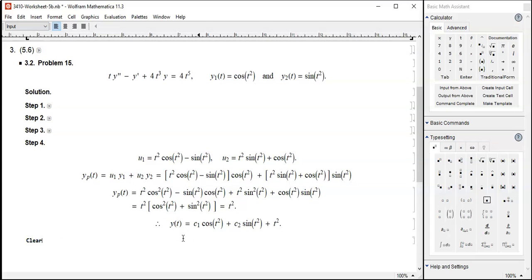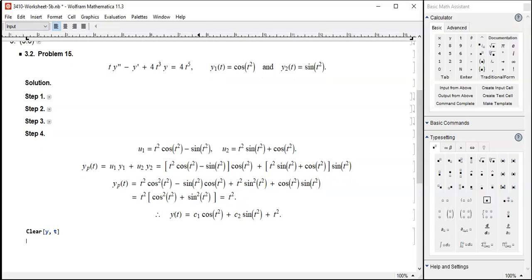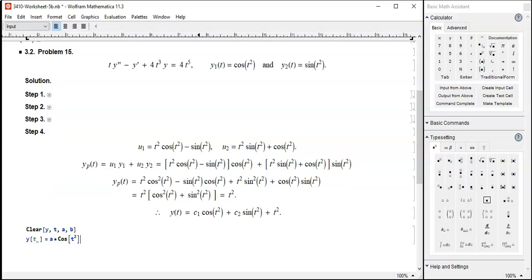Let's clear some variables, and y of t is defined as, let's clear the constant parameters as well, a cosine of t squared plus b sine of t squared plus t squared, okay?